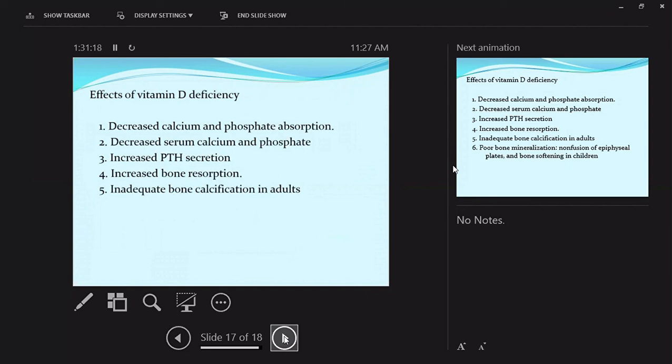That's why fracture easily develops in the adults. A slight fall can already fracture the bones, especially the bones of the extremities.